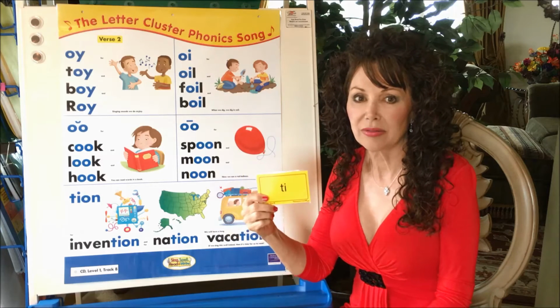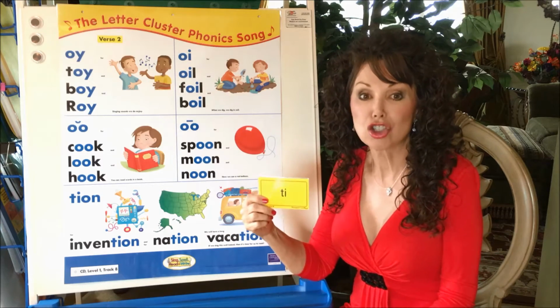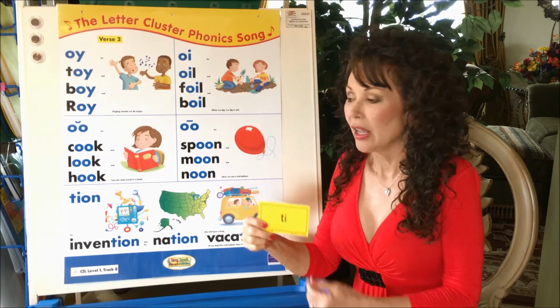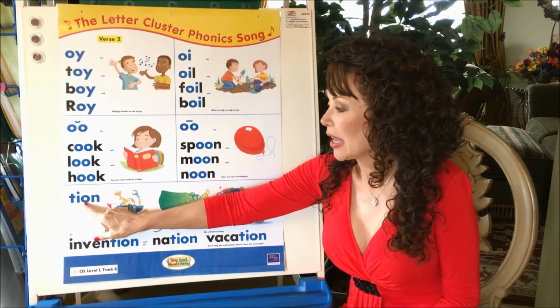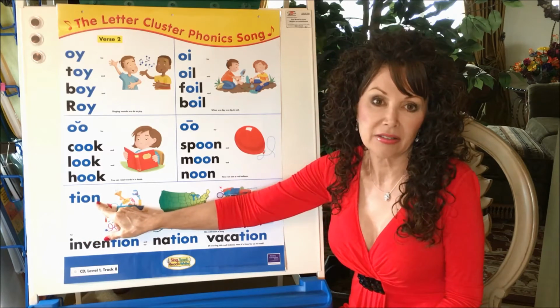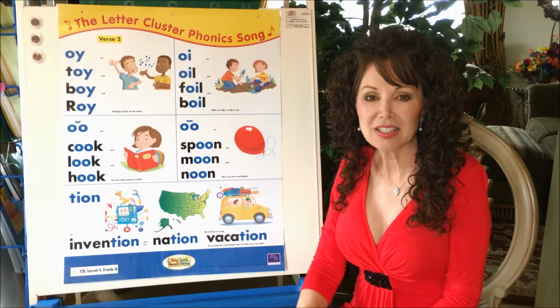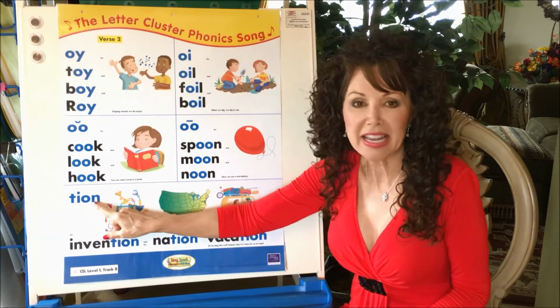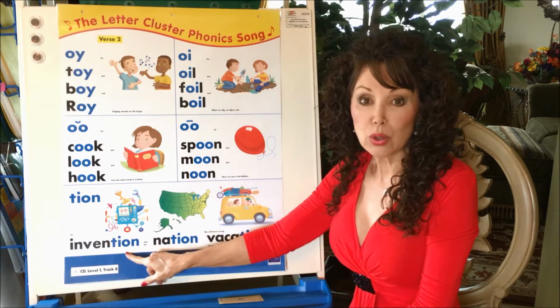What sound? That's right. TI says shh. And so if you put TI, which says shh, at the beginning of ON, we have shun. And so it's easy to learn. TION says shun.